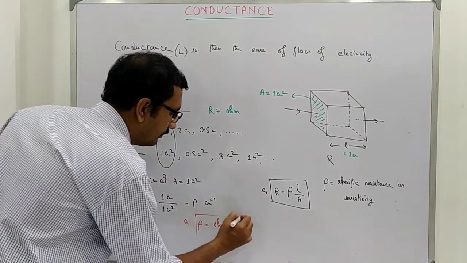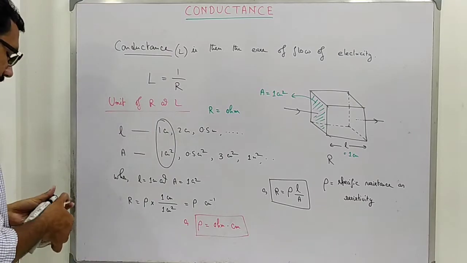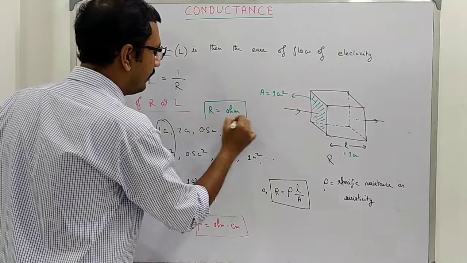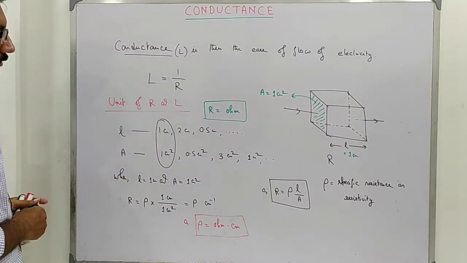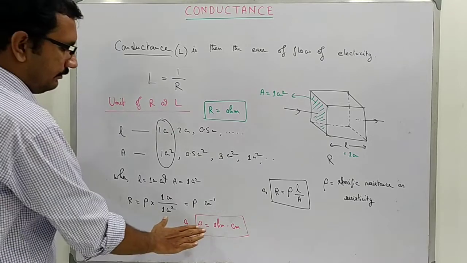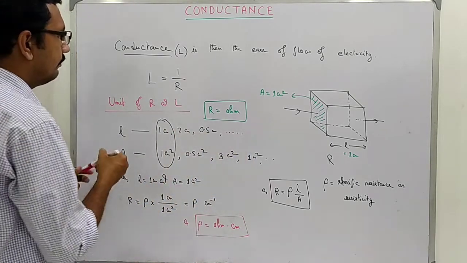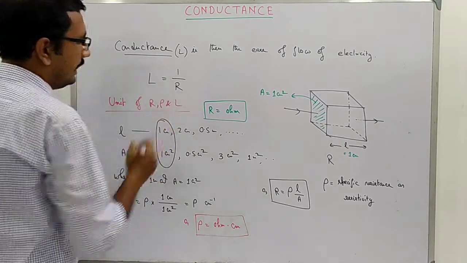So, this is the unit of the specific resistance or resistivity, and this is the unit of resistance. Now, we get the unit of specific resistance.